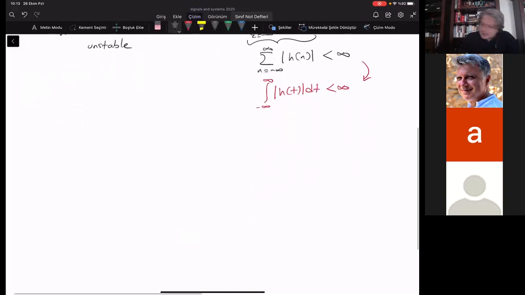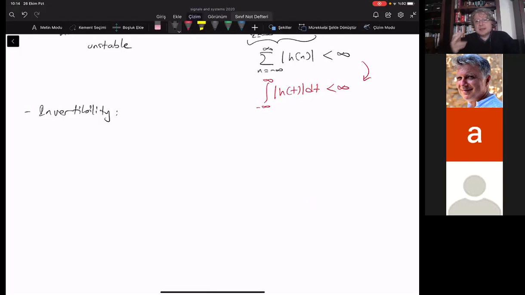Now, the last thing that I want to mention is invertibility. And this invertibility thing is still a difficult thing, and there is no point-wise proof of whether a system is invertible or not with this much knowledge.